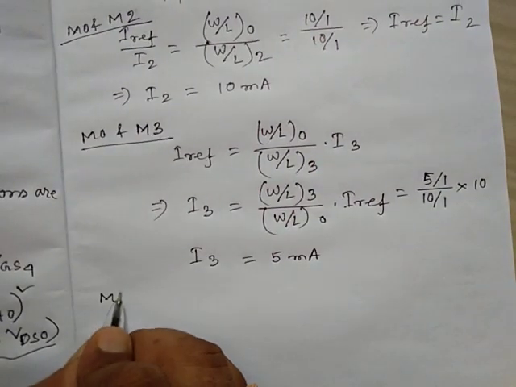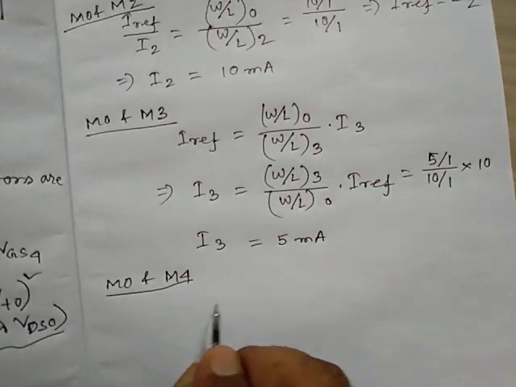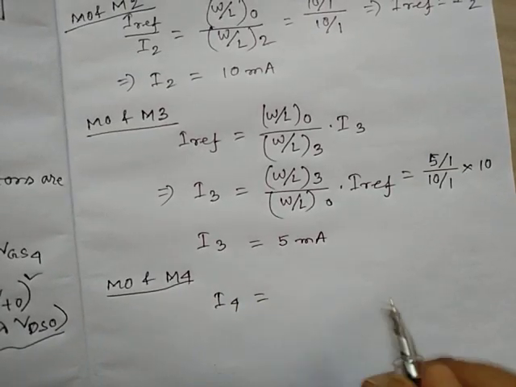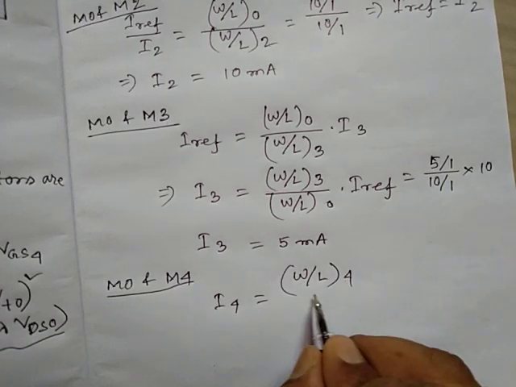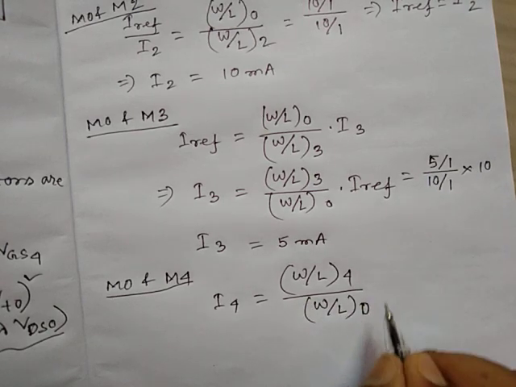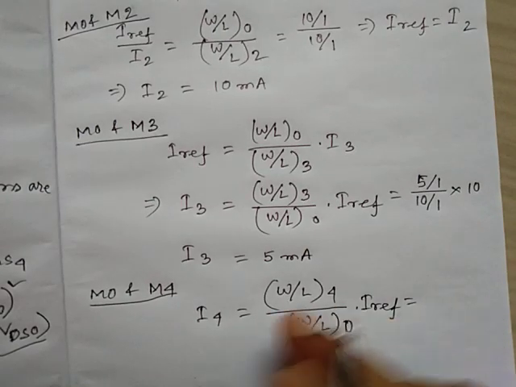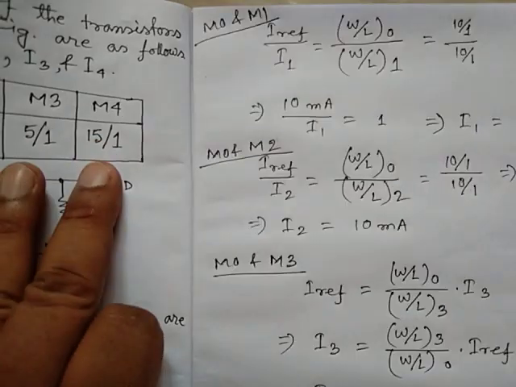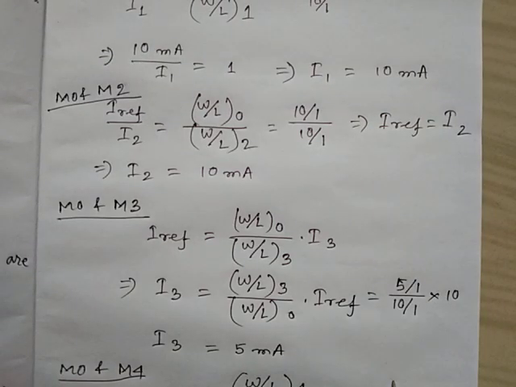From M0 and M4 we can write I4 equals W by L of M4 by W by L of M0 into I reference. M4 is 15 by 1, so 15 by 1 by 10 by 1 into 10.